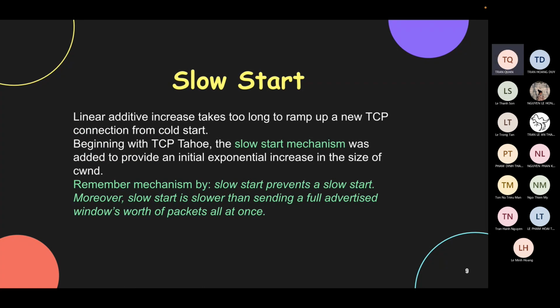The slow start mechanism was added to provide an exponential increase in the size of CWND. Moreover, slow start is slower than sending a full window's worth of packets all at once.